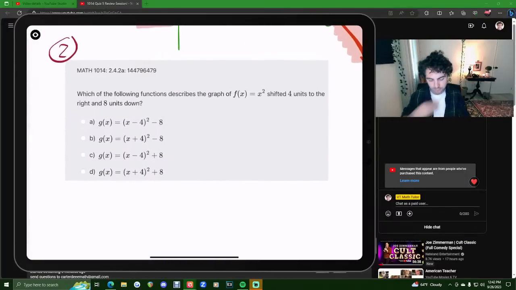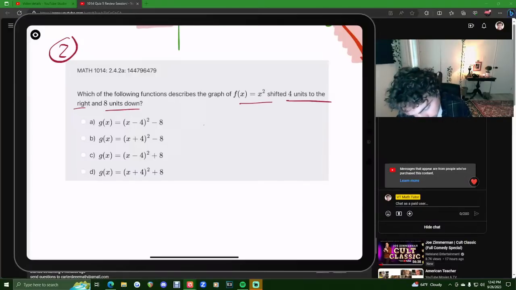They say, which of the following functions describes the graph of x squared shifted 4 units to the right and 8 units down? So here's a little intro in transformations. When we're just talking simple translations, like so many units left or right or so many units up or down, here's how we go about that.